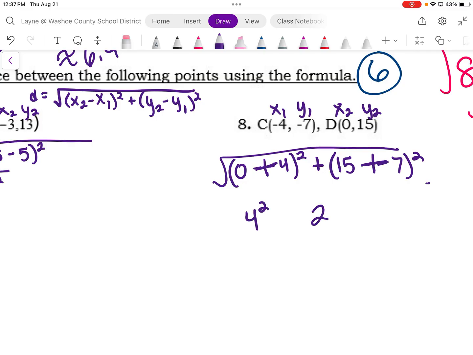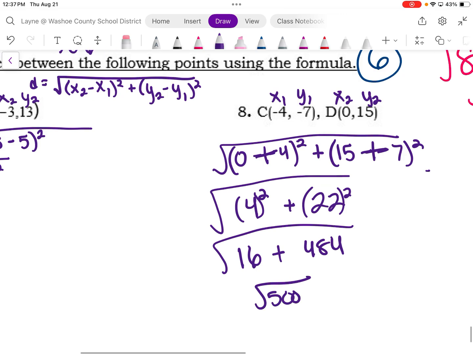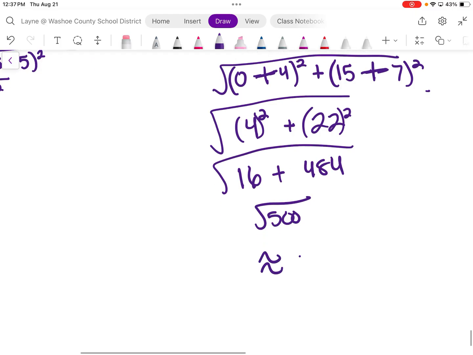This will be 22 squared. 4 squared is 16. 22 squared is 484. Add those together, we get 500. And then square root of 500 is about 22.36.